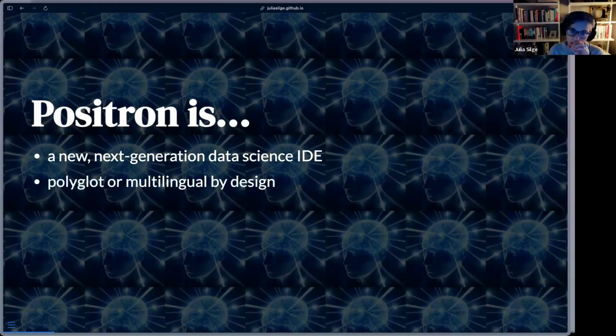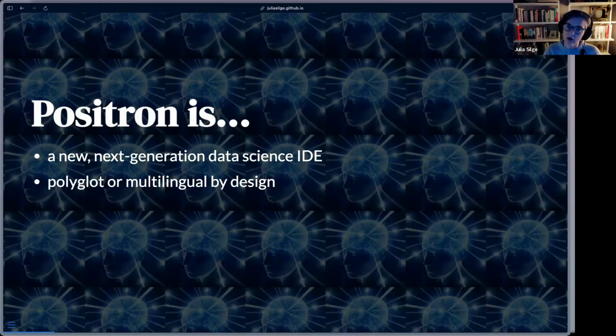Positron is polyglot or multilingual by design. So, whereas RStudio was built specifically to use R, Positron is built to use multiple languages, including multiple languages at the same time. So if you are someone who uses Python for data science in addition to R, that's a great fit, but it can also be a really good fit if you're someone who uses R together with another language.